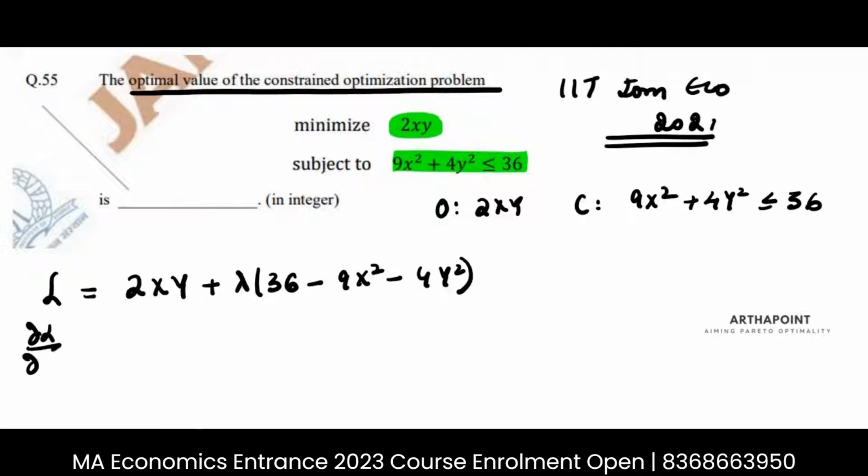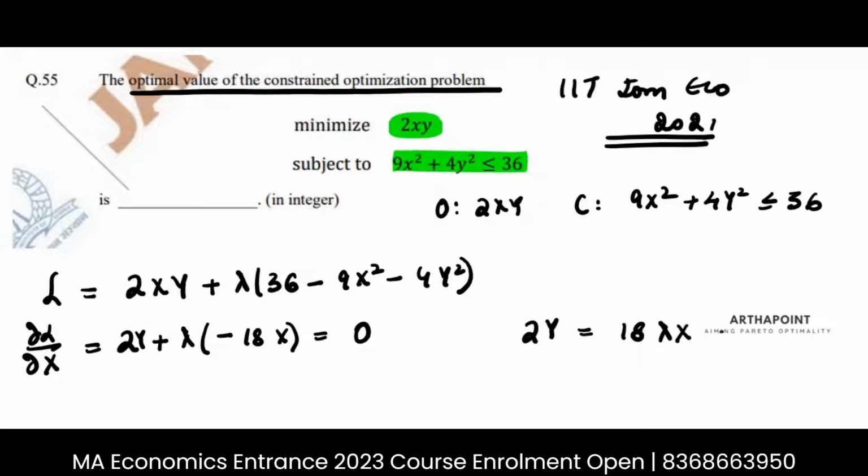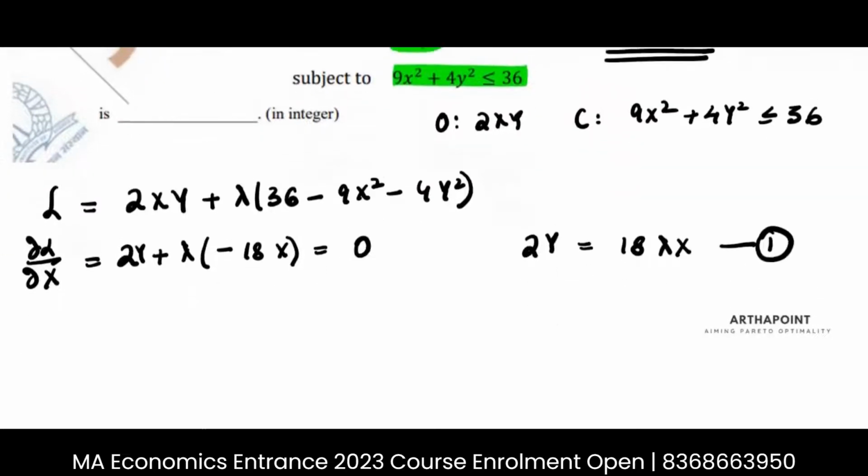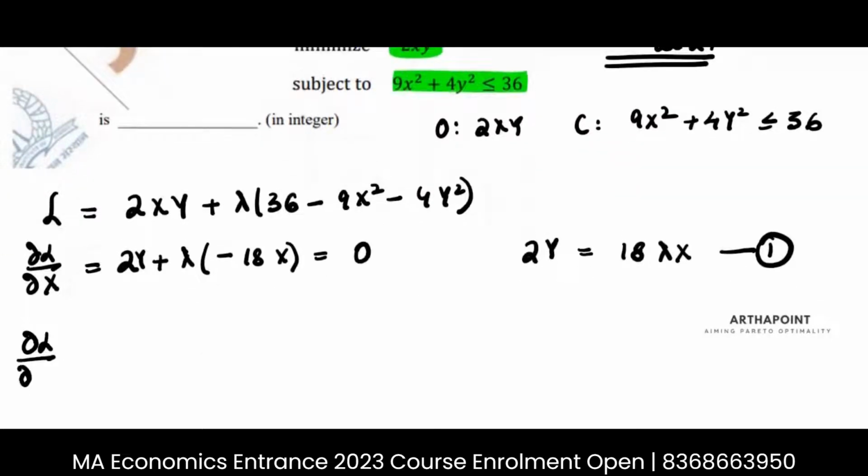Del L by del x would be 2y plus lambda times minus 18x equal to 0. So you'll get 2y is equal to 18 lambda x. This is equation 1. Del L by del y would be 2x plus lambda times minus 8y equal to 0.